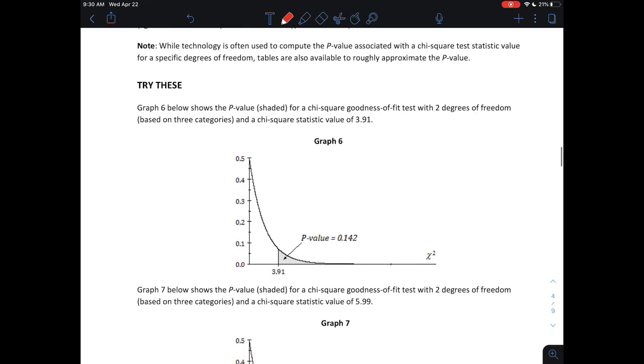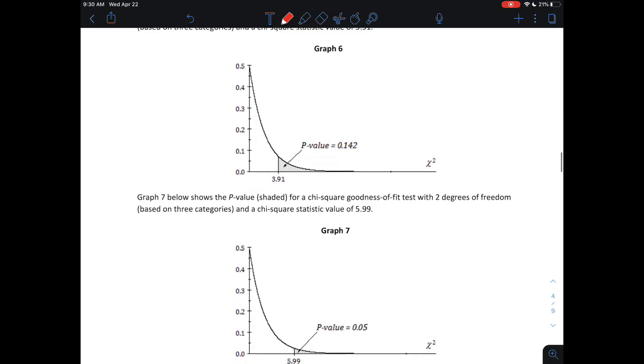Graph 6 below shows the p-value shaded for a chi-square goodness of fit test with 2 degrees of freedom, which is based on 3 categories, and a chi-square statistic value of 3.91. So here we can see 3.91 is the number below the horizontal axis, and then there's a shaded region that is below the curve for the chi-square goodness of fit. And the p-value is pointing at the shaded area, and they're saying that the p-value is 0.142.